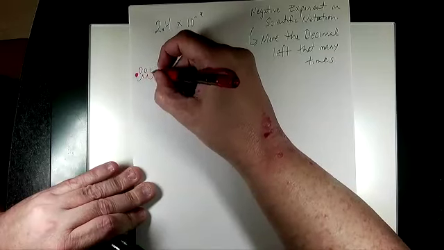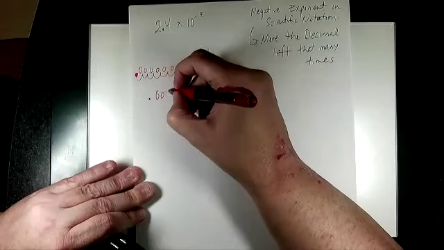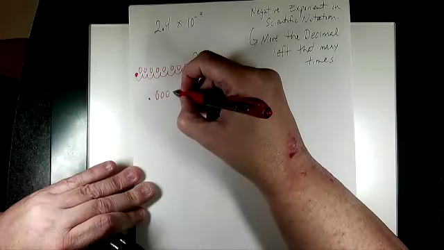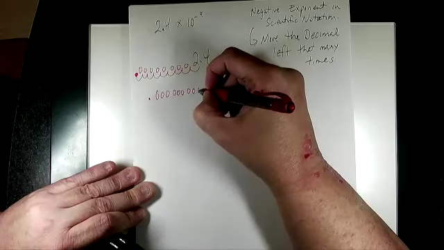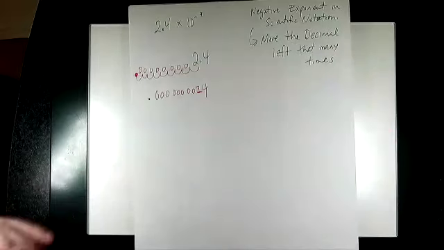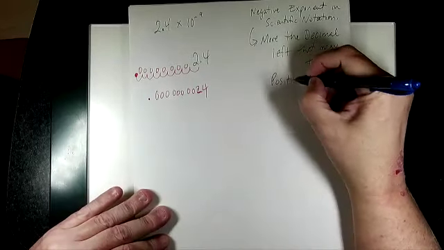And I'm gonna fill all these in with zeros. There's the 2. And if it's a positive one, positive exponent moves right.